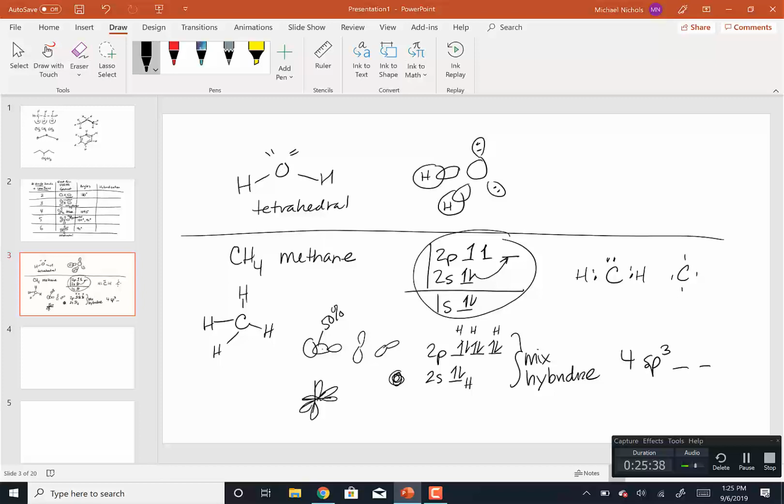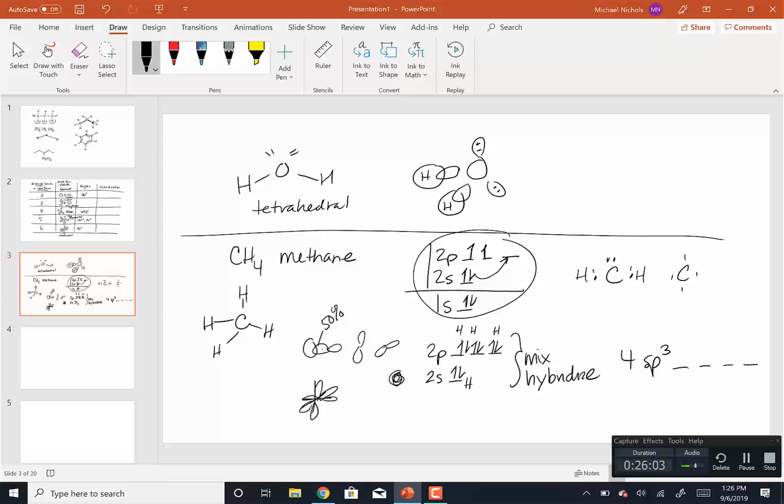They all have the same energy. Now, where they would be in terms of this energy diagram, in between the S and the P, they certainly wouldn't be above the S and the P. Whether they'd be below the S, I don't know. I don't honestly care. Because I've got 4 hybrid orbitals now. Okay.